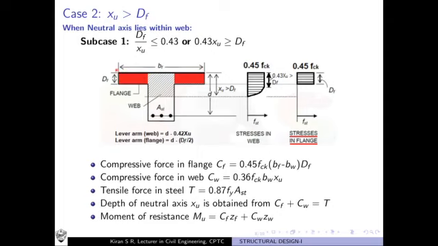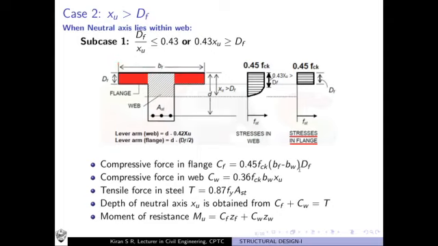The width of the region shown in red is exactly what is shown here, because we are writing the force equation only for these red portions. So you need to know the area as well as the stress. What is the area? bf minus bw gives the width, into the depth, that is df.